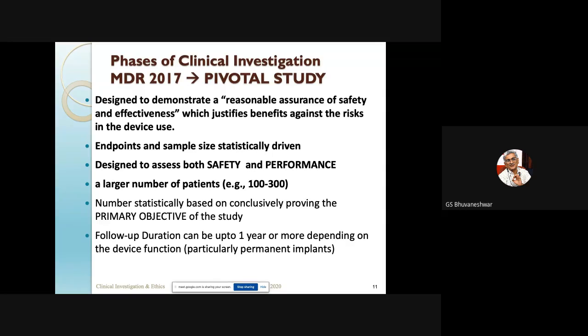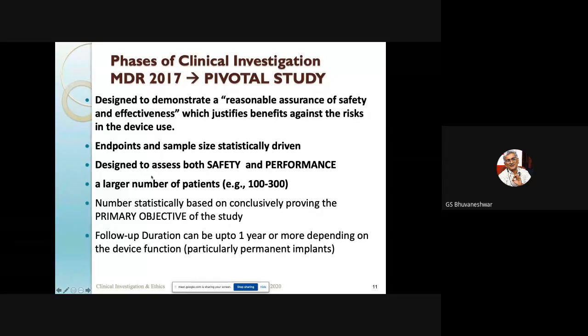While if your patient size is not adequate, the study may not get approved or accepted for your licensing application. So it's a challenge. Defining the sample size, the number of patients to be recruited, is always a bit of a challenge and requires a lot of effort and time in the initial planning.